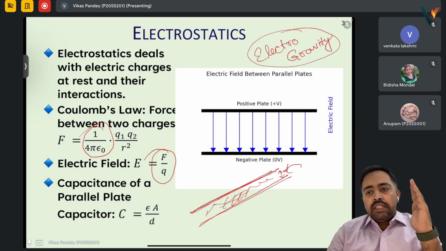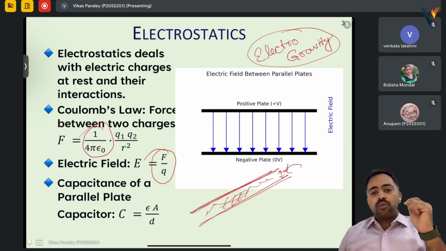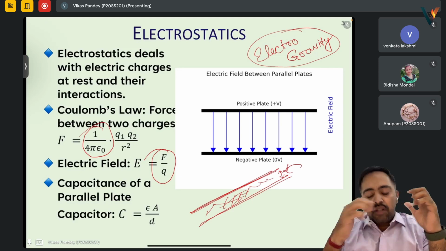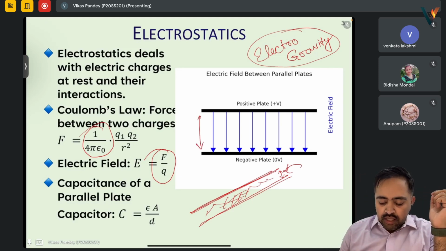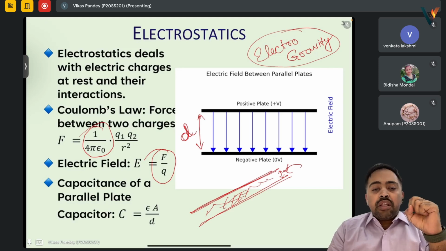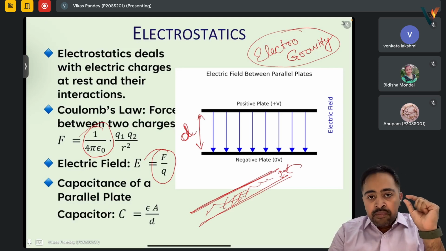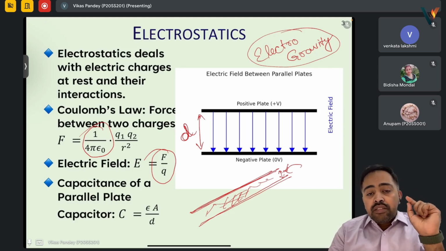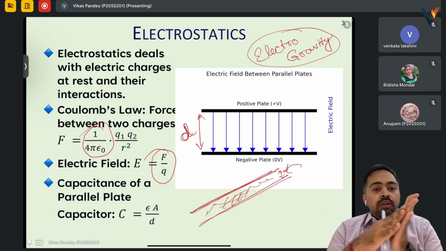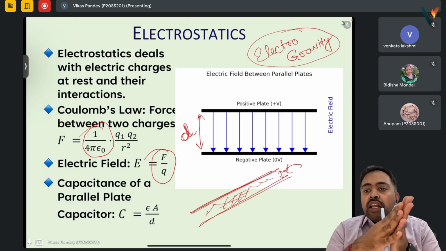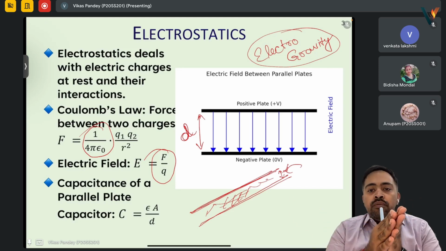If we have two plates, when we are showing this image as very big, it is showing a large distance d. But in actuality, when we are talking about capacitors or even MEMS capacitors, the distance is very, very less. Even the real capacitors that we use in our everyday life, the distance d is very less. It is actually one thin sheet of aluminum or copper, then another sheet of dielectric like paper, and another sheet of metal like aluminum.